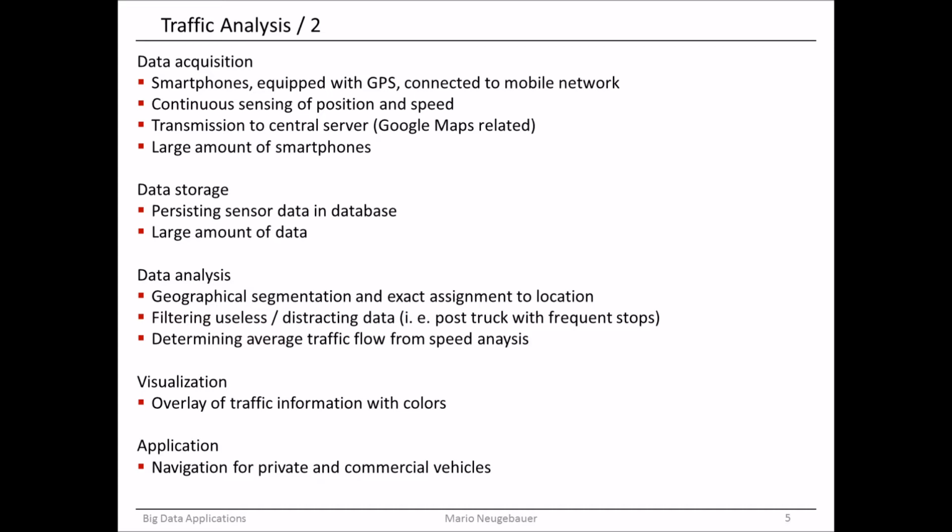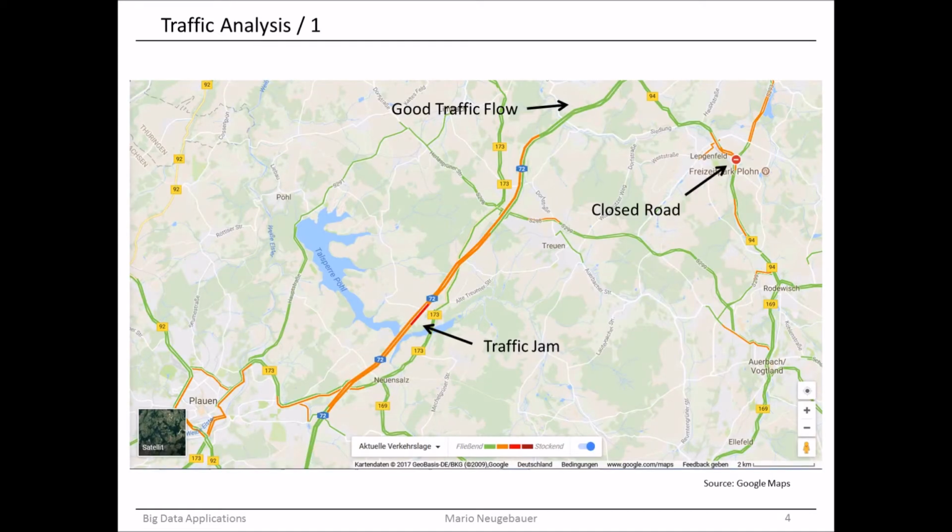And you also have to somehow aggregate the data in this situation, the geographical data of positions and speed. You have to determine the average traffic flow, and when you look at the map, it's not shown that you have a certain speed which you can reach in this segment of the street here, but it's expressed via the color, and the color says the traffic is flowing or the traffic is kind of a traffic jam and it's not flowing that very well.